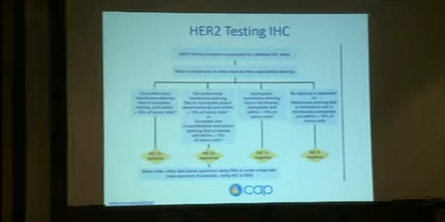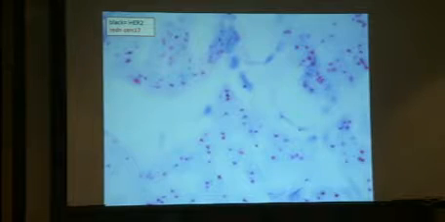So for this case, I'm going to show you the D-dish. So it's the double staining probe from Ventana. Earth2 is in black, and SEP17 is in red.